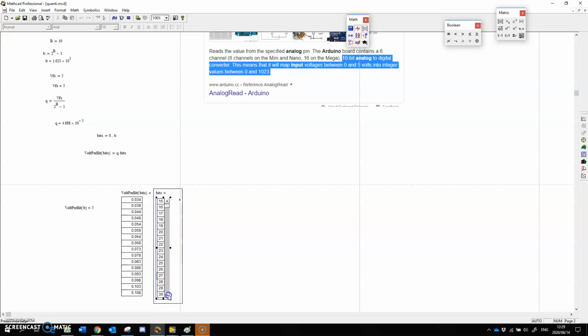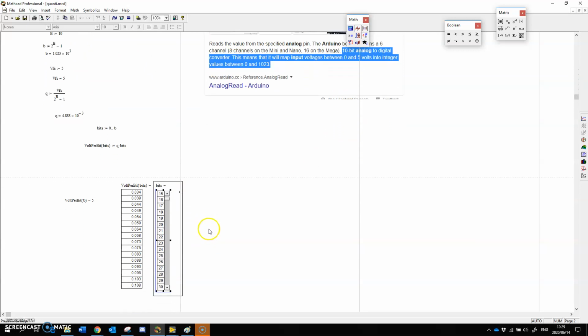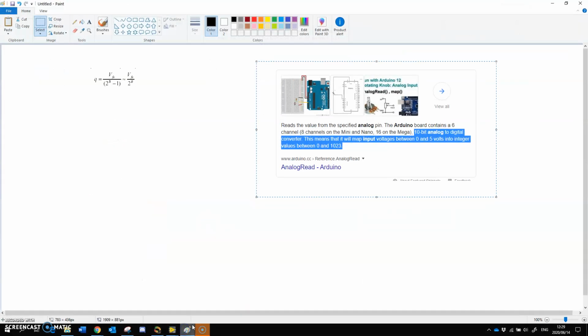So to get the best resolution, you must make sure that the input voltage range goes from 0 to 5 volts. So what's my point here? My point is, if you look at the LM35 sensor, if it's 20 degrees Celsius, it will give you 0.2 volts.